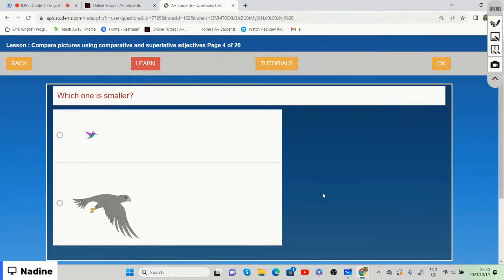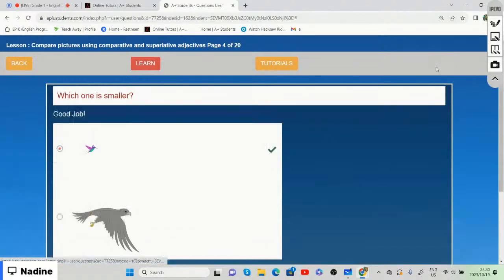So we may say which one is smaller between these two birds. All right, so if we look at this one, that beautiful purple and green one is a smaller bird.